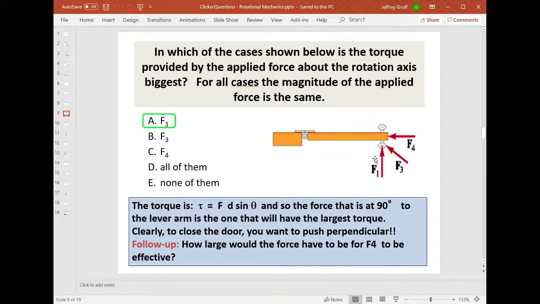You can't rotate if you exert a force that is pointing at the axis of rotation. How large would the force have to be for F4 to be effective? You'd break the door before you got it to rotate. So there is no force that would make F4 effective.